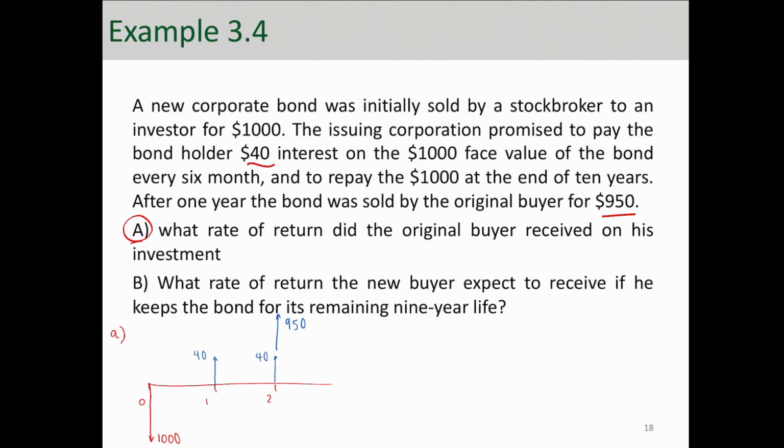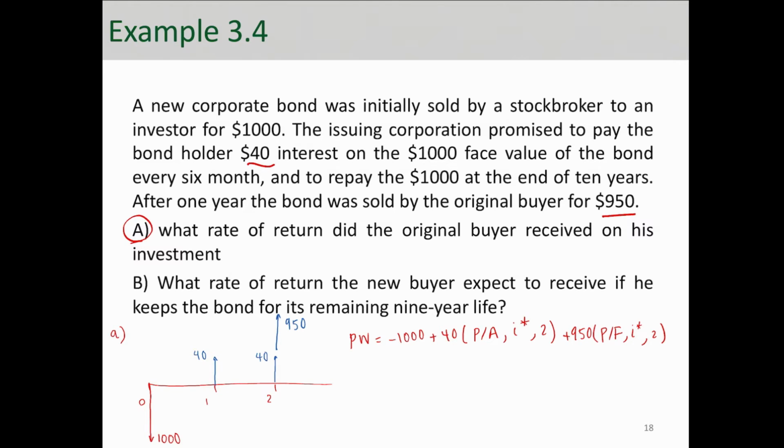So we want to calculate the rate of return. Rate of return is the percentage that makes the present worth equal to 0. So the present worth that we have here is negative $1,000 plus $40 times P given A, some percentage i star, and 2 periods, plus $950 times P given F, some percentage, and then 2 periods.